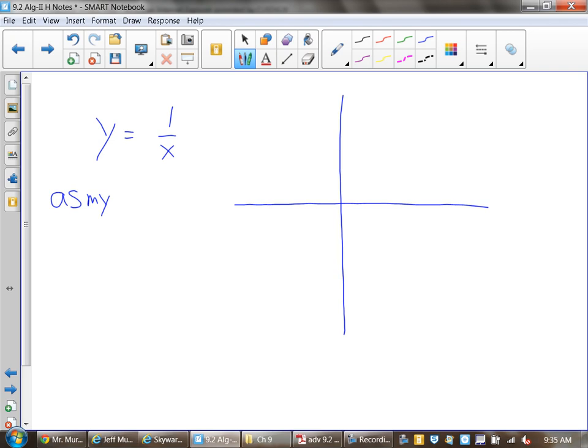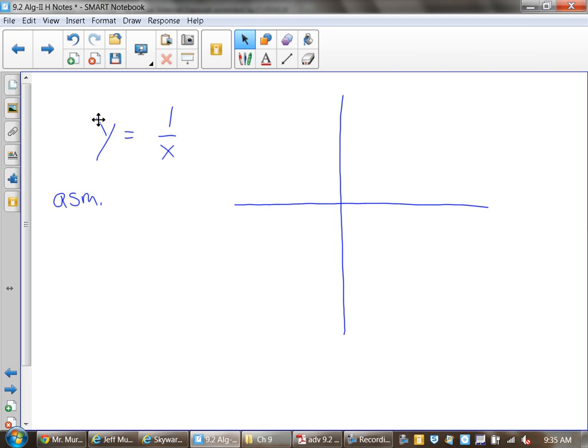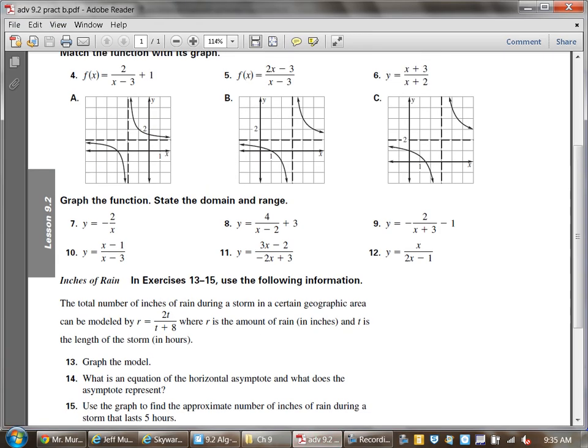A-S-M-Y... asymptote. I like that spelling. I can't spell that. You want me to look it up? We should probably Google that.